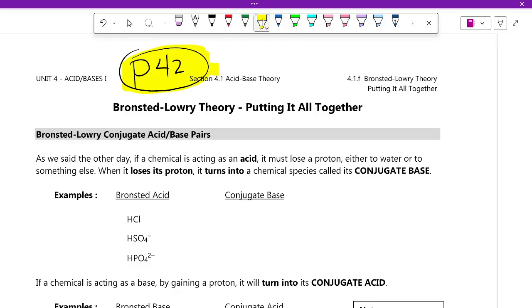So what we're going to do is, whoever's the acid, hold up your pen high in the air so I can see you. Okay, if you are the acid, you're holding up your pen and you are going to donate it to the base. Give it to the base.